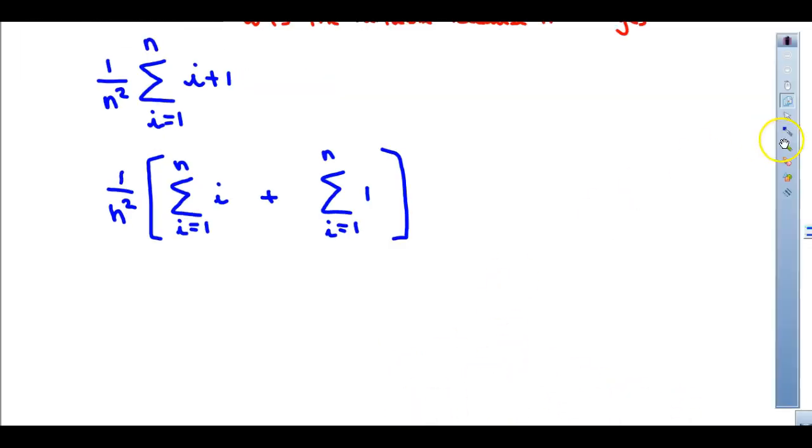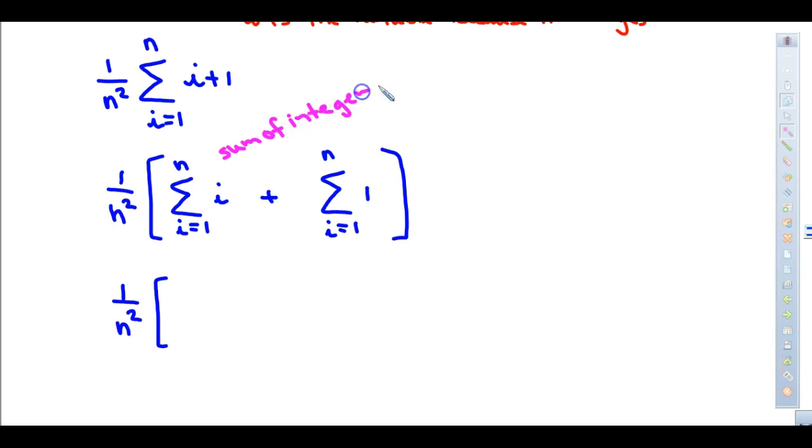Now I'm going to apply some formulas that I learned just a while ago. My first formula is this. Isn't this the sum of your integers right here? So what that means is I'm going to write the formula for the sum of my integers, and that is n times n plus 1 all over 2.